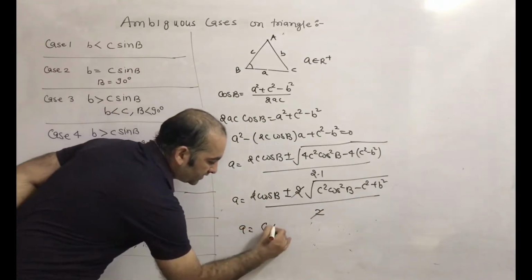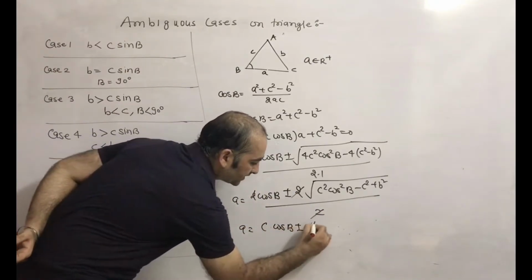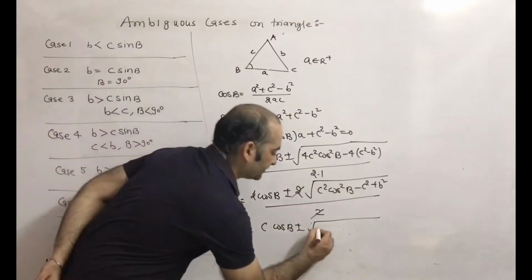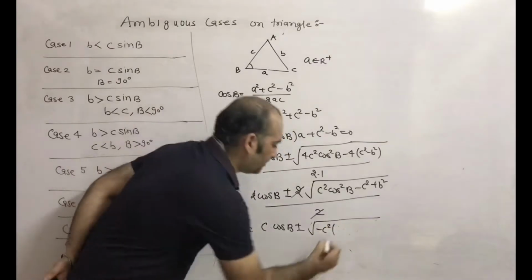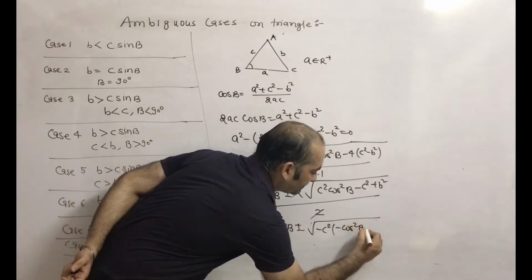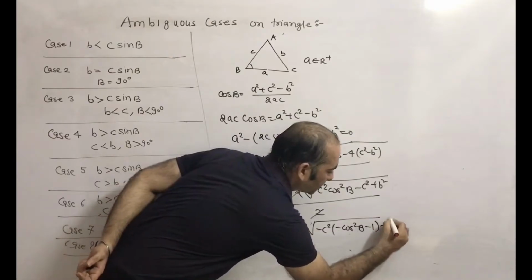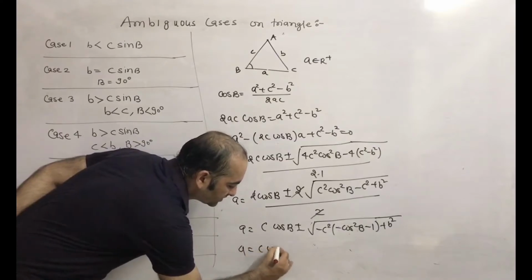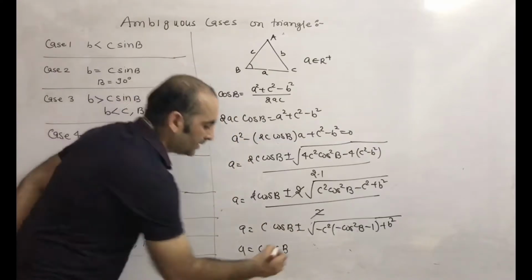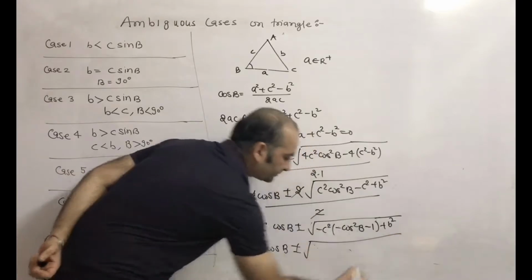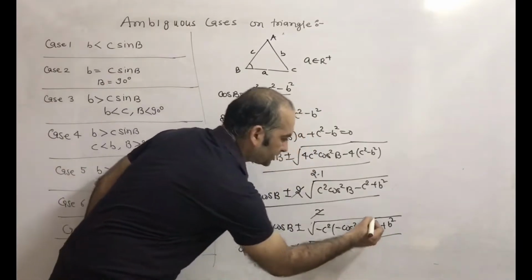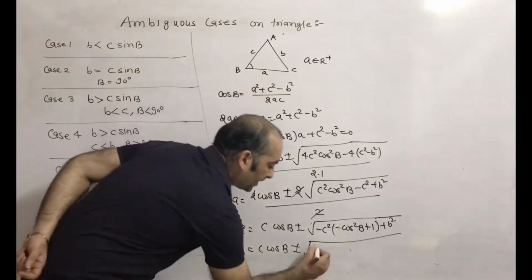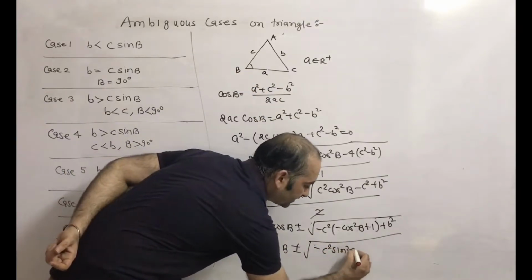We get a equals c cos B plus minus root over, taking minus c square common, minus c square times cos square B minus 1, plus b square. So a equals c cos B plus minus root over, 1 minus cos square B is sin square B, so minus c square sin square B plus b square.